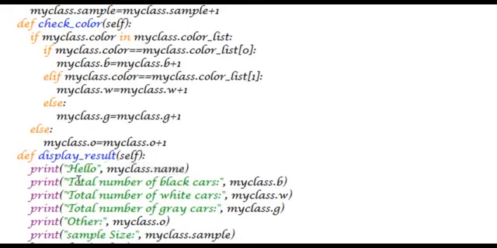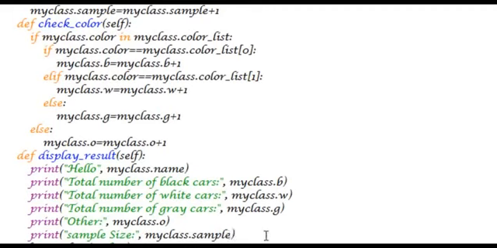And then on the next line, I have another print statement that displays the total number of black cars, and that value is available in the variable b local to the class, so that's why myClass.b, and then the number of white cars, number of gray cars, and finally the total number of other cars. And then we've also displayed the sample size, right? And this value is available in myClass.sample.